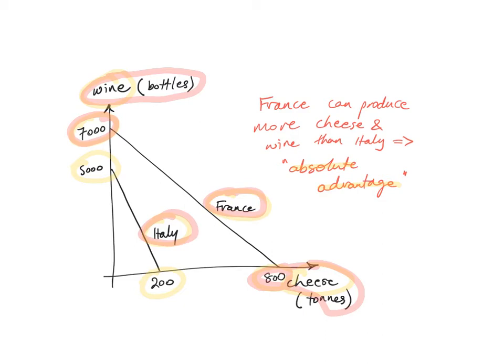Italy produces 5,000 bottles of wine and 200 tons of cheese. You can see that France, in this case, can produce more cheese and more wine than Italy. So we say that France has an absolute advantage in producing wine and cheese compared to Italy.